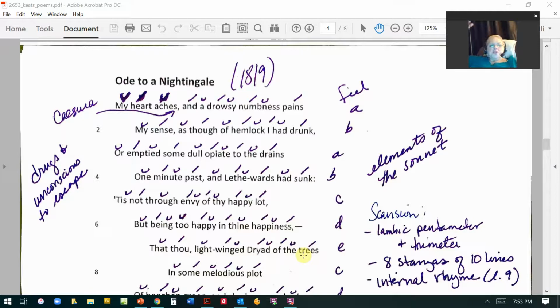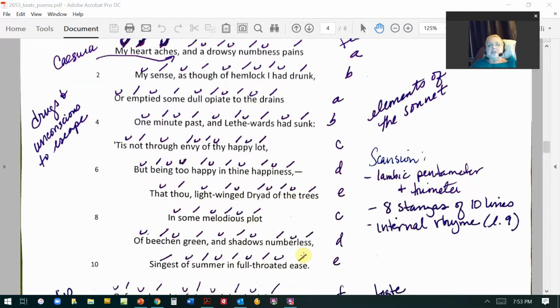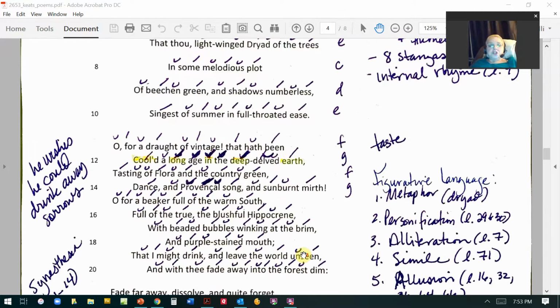So the first stanza, he's talking about in these first few stanzas what he wishes that he could do to basically turn his brain off, to find escape from the pain that he is feeling. And so he tries drugs, he tries something to render himself unconscious.